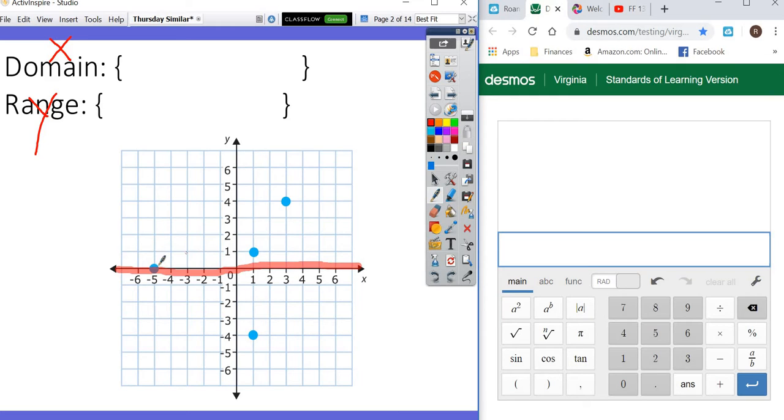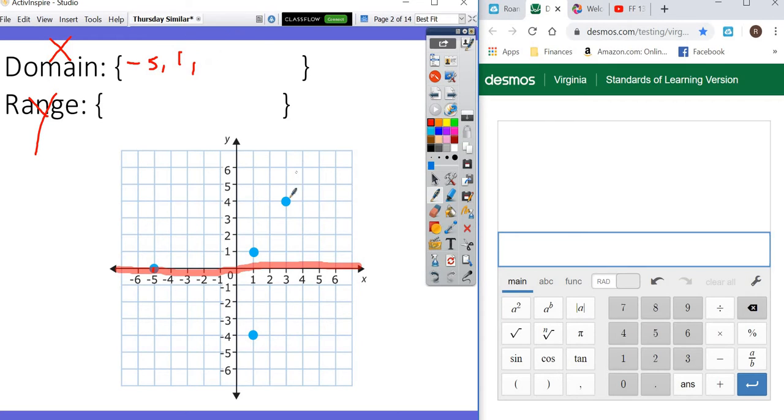So I'm going to look through and say, all right, this point here is directly on -5. So that means the first number in my domain is -5. Then I'm going to come across until I find my next points, which this one is directly up from 1, and this one goes up to 1. So my next domain value is 1.